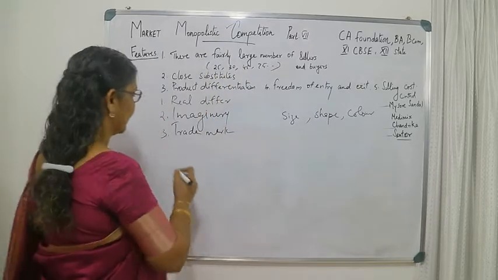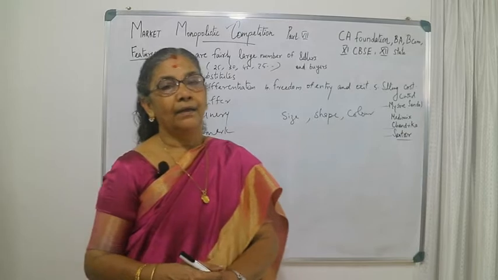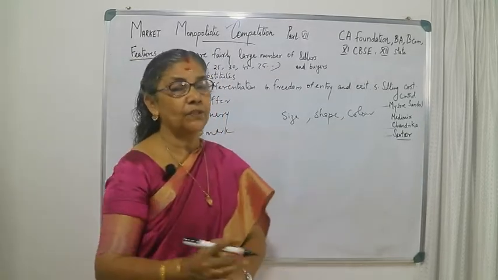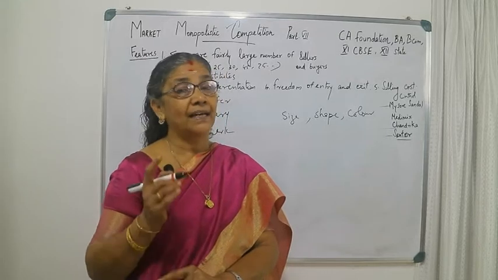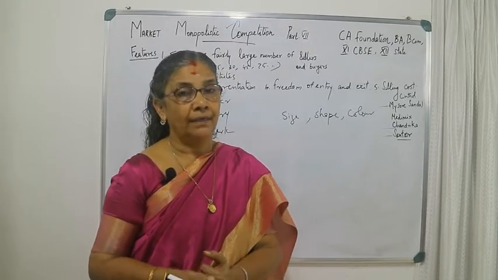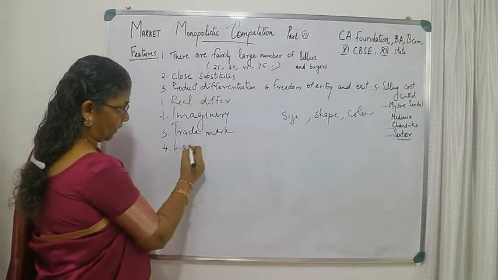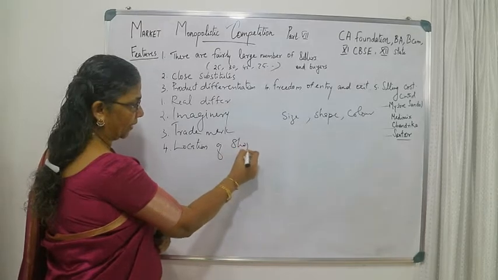And coming to the fourth point, it is all about the location of the shop, the personality of the shopkeeper, the attitude of the shopkeeper, and the services rendered by the shopkeeper. All this will influence the consumers. So regarding the location of the shop, what about the location of the shop?